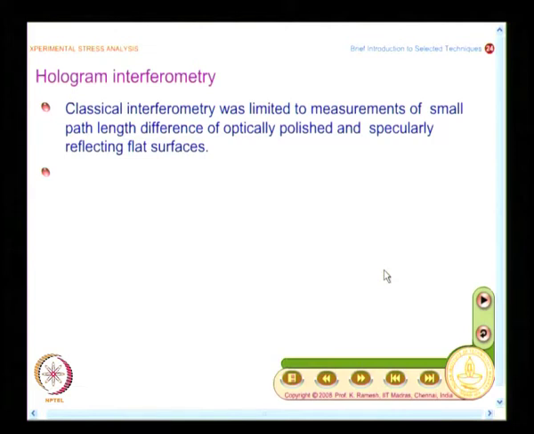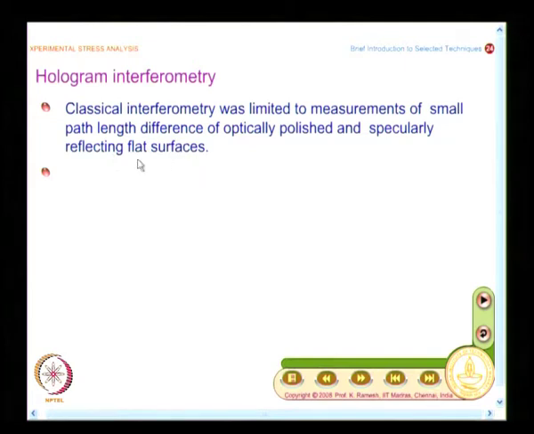In your schools I am sure you must have done the exercise on Newton rings, where you essentially use optically polished surfaces and find out unevenness by an interferometry technique. So, classical interferometry was limited to measurements of small path length differences of optically polished and specularly reflecting flat surfaces.